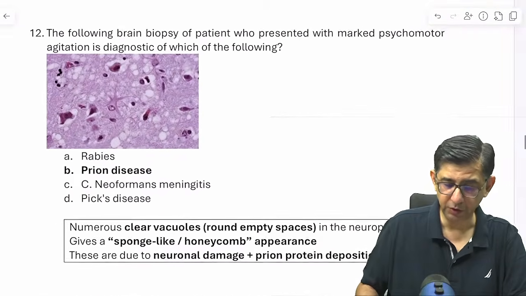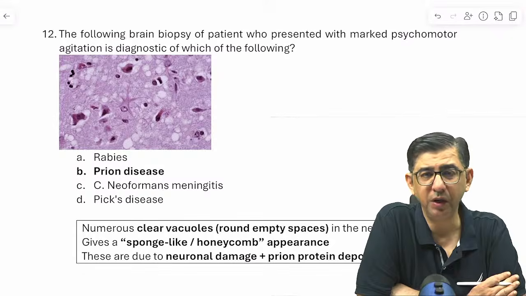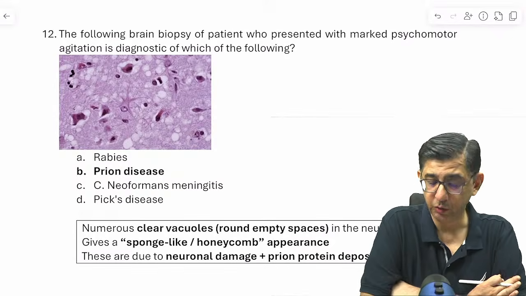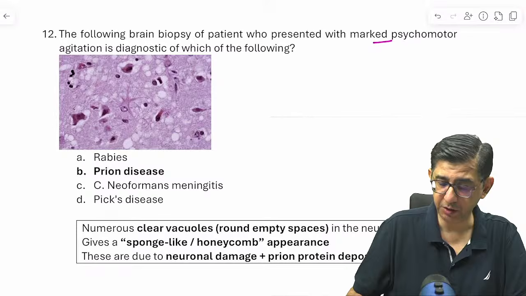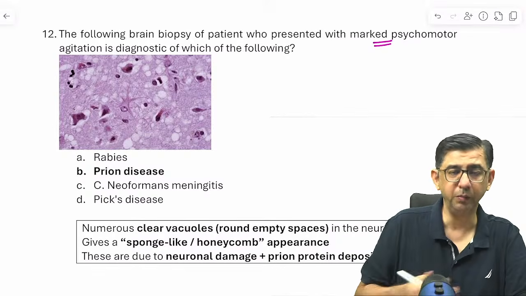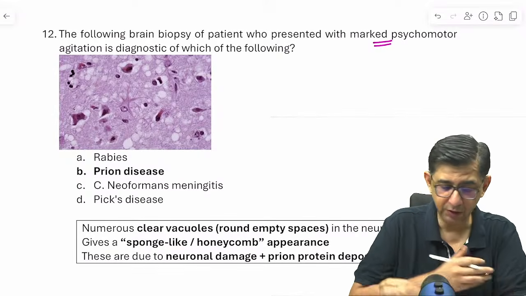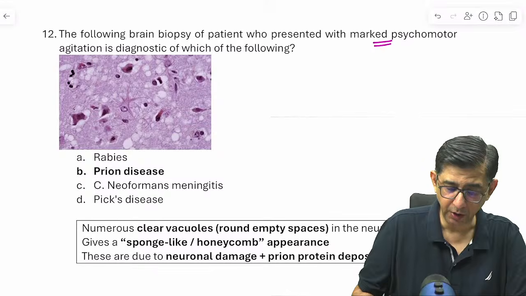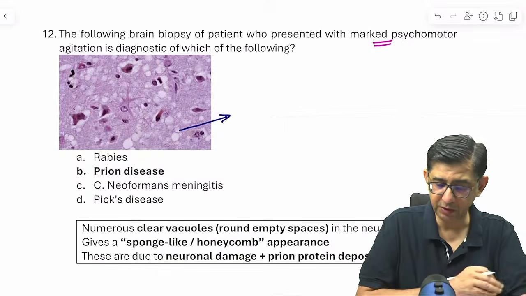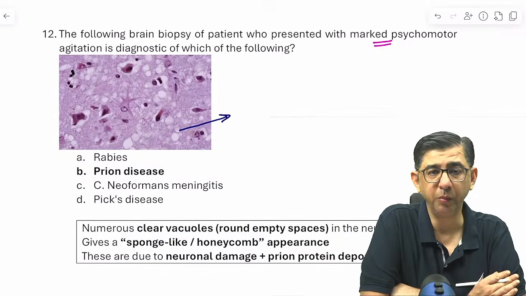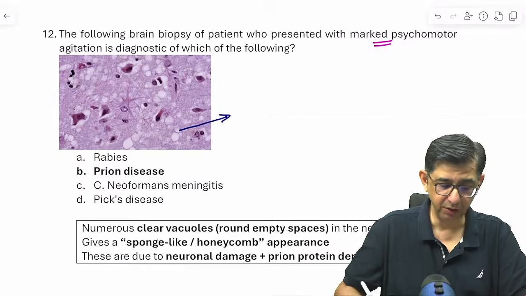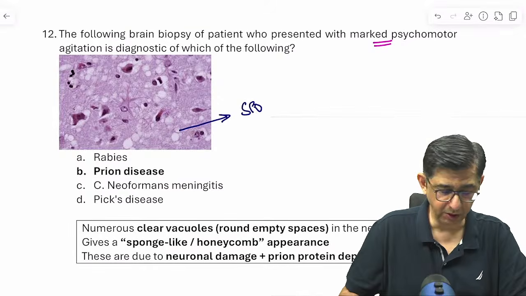For this one, I wanted to keep the answer on because the question said marked psychomotor agitation. Initially, a couple of guys casually thought it could be rabies, but rabies will not have these empty areas, these clear vacuoles present here. That is a sponge or honeycomb appearance.